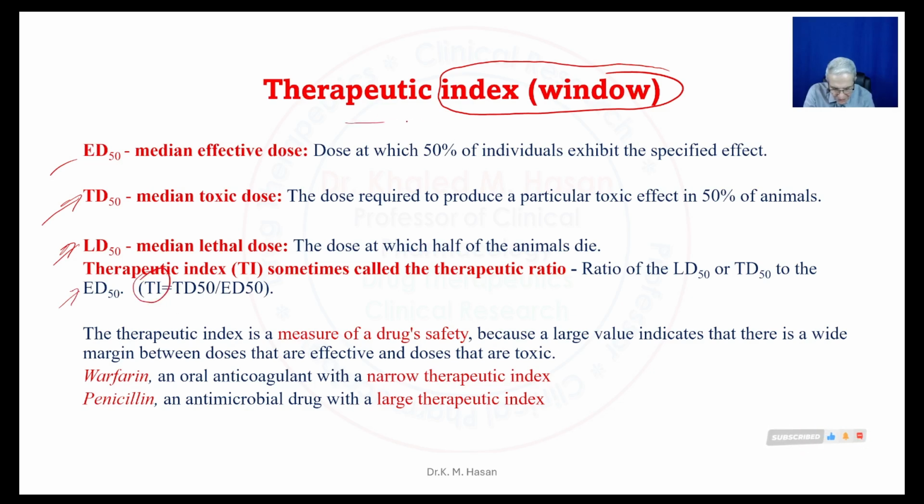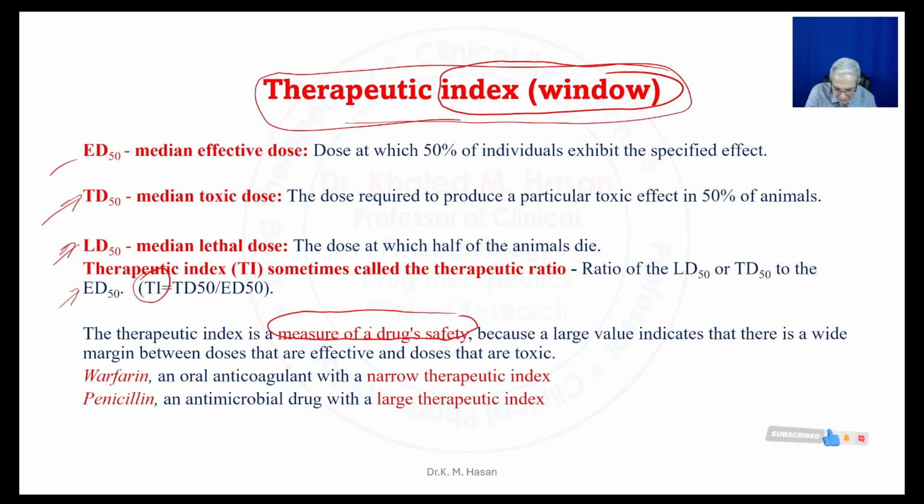The purpose of this calculation is to measure drug safety. We have categories of medication by therapeutic window: some medications demonstrate a narrow therapeutic window, and another group demonstrates a large therapeutic window.